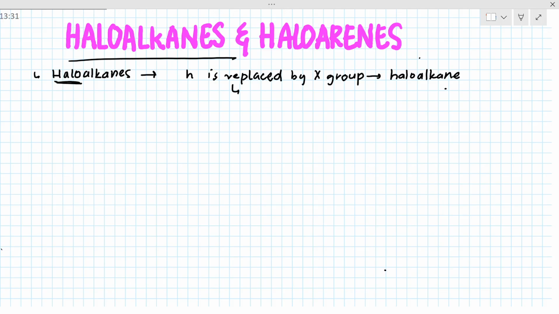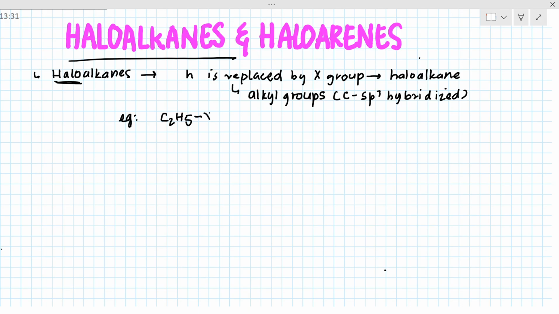In alkyl groups, not in every group, in alkyl groups, that is where carbon is sp3 hybridized, if the halogen is replacing hydrogen, then it is called haloalkane. Example, C2H5X. This is monohaloalkane.